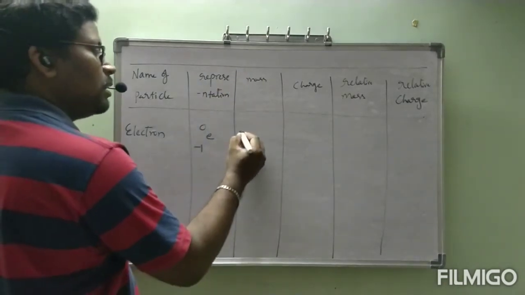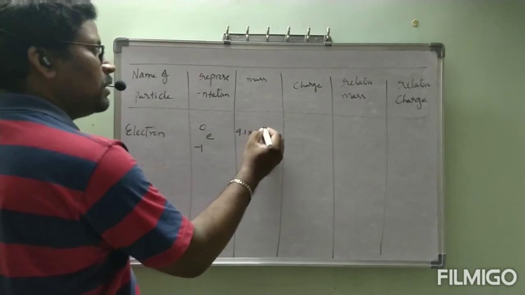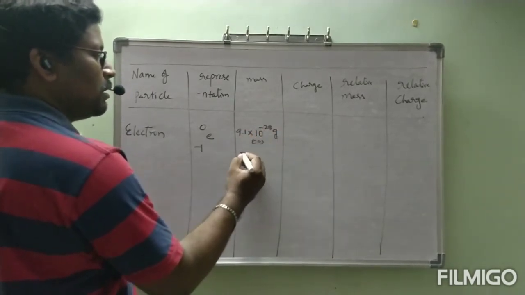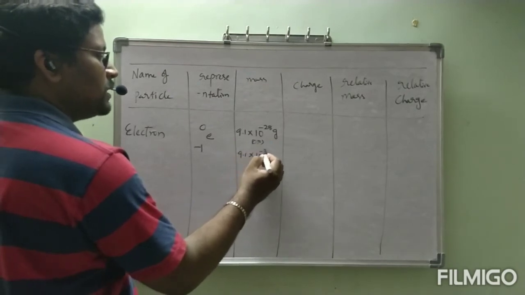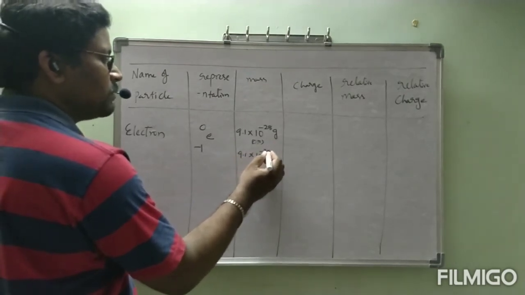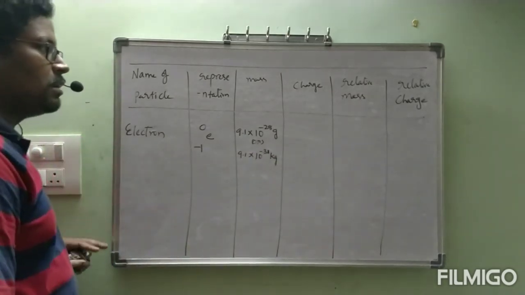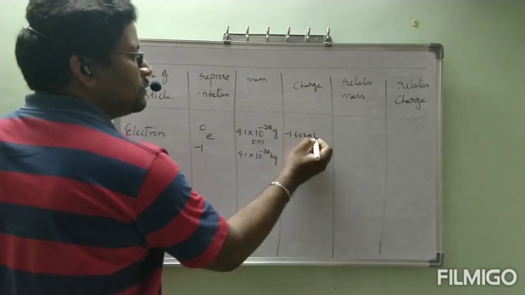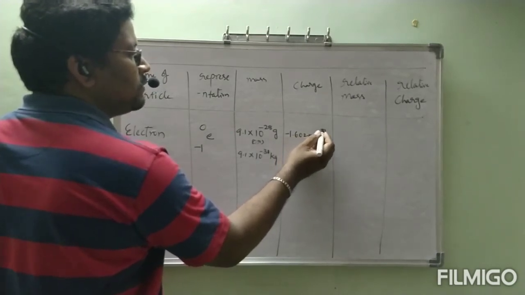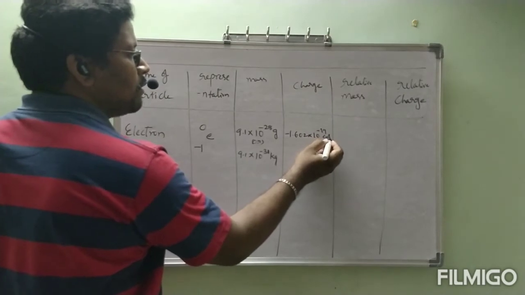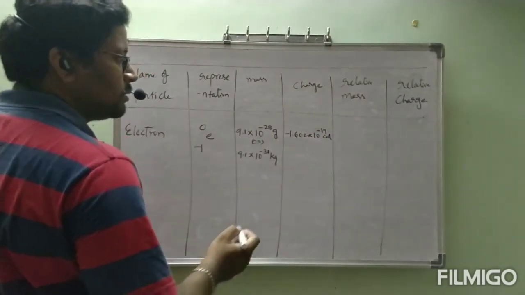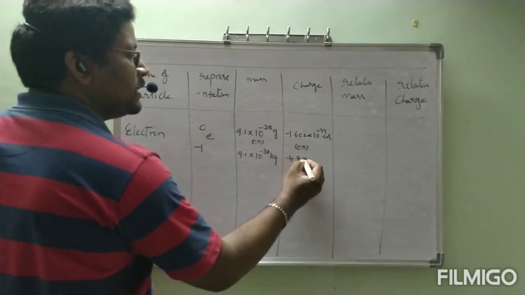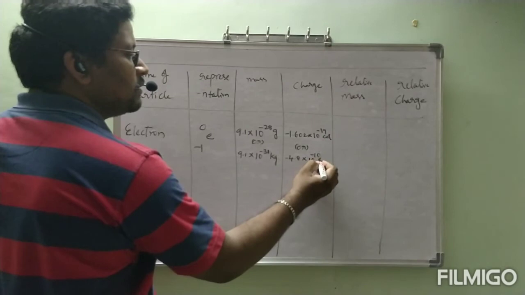Mass 9.1 into 10 power minus 28 grams or 9.1 into 10 power minus 31 kilograms. Next, charge minus 1.602 into 10 power minus 19 coulombs or minus 4.8 into 10 power minus 10 ESU.